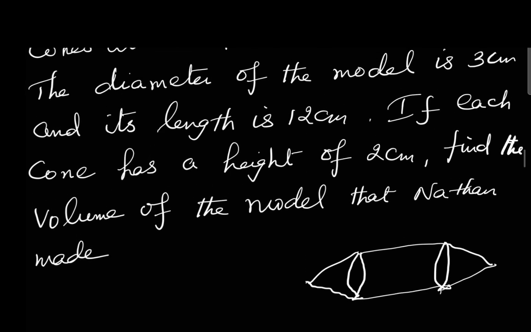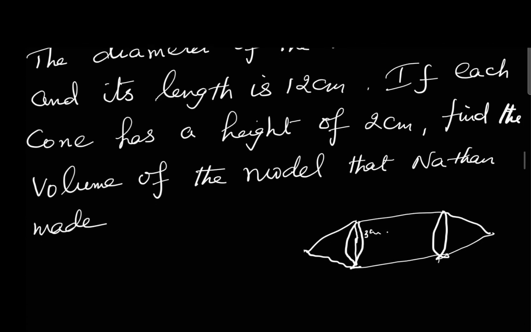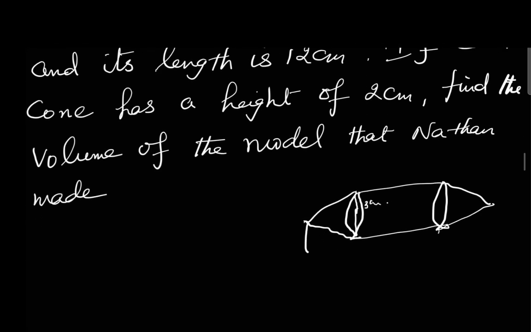See, the diameter of the model is 3 cm. So the diameter of the circle base is 3 cm for the cylinder and also for the cone. And its length is the total length, starting from this end, the vertex of the cone, to this vertex of the cone. The total height is given as 12 cm.